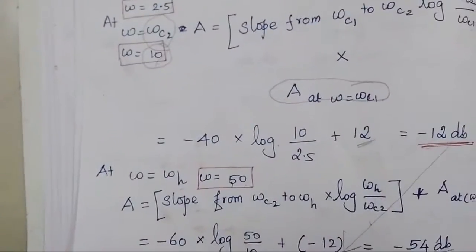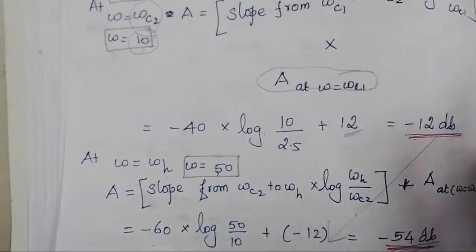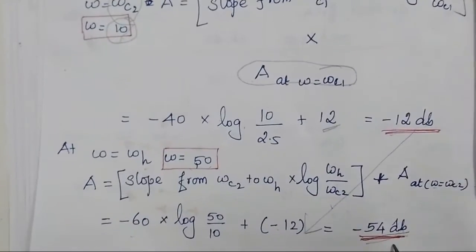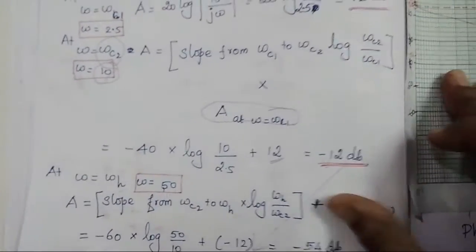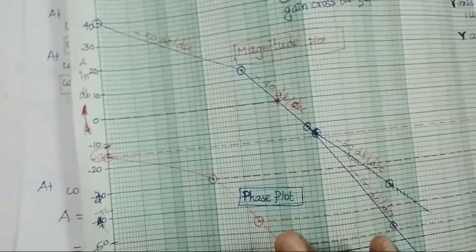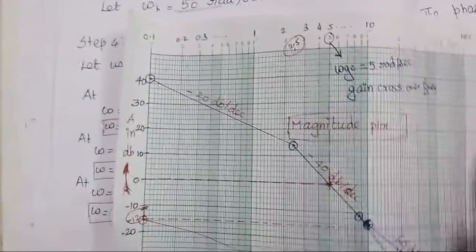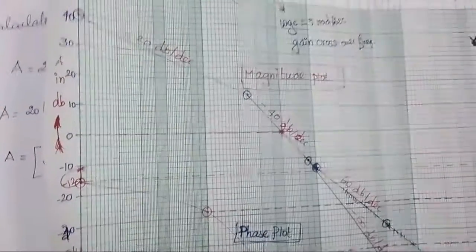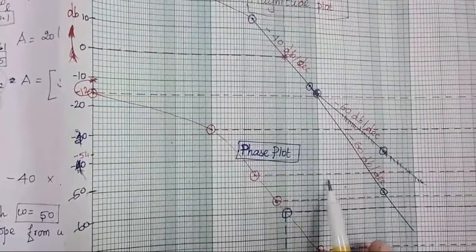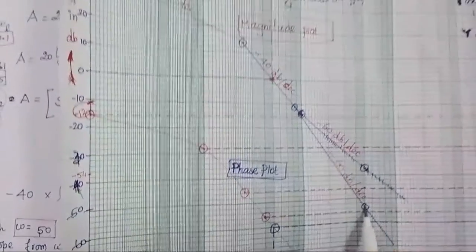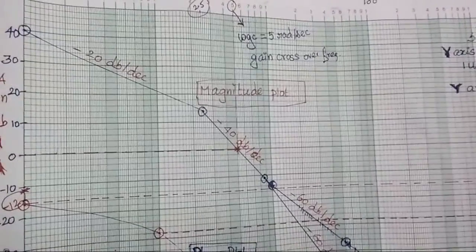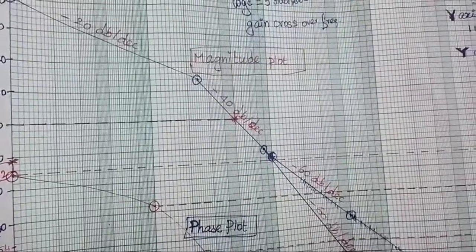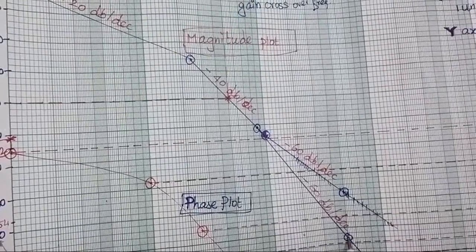Then the fourth one, 50 and minus 54. So here 50 and minus 54. This point.